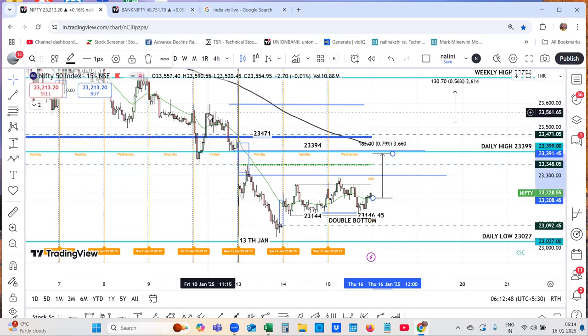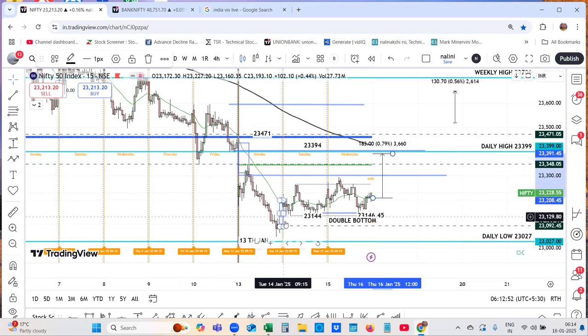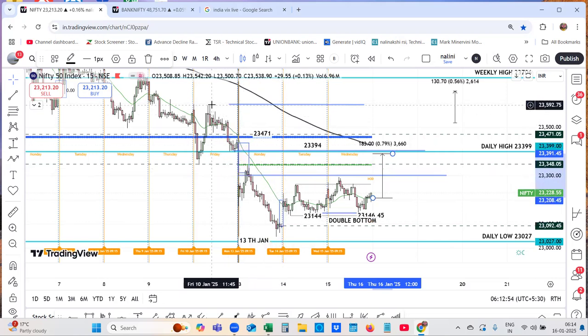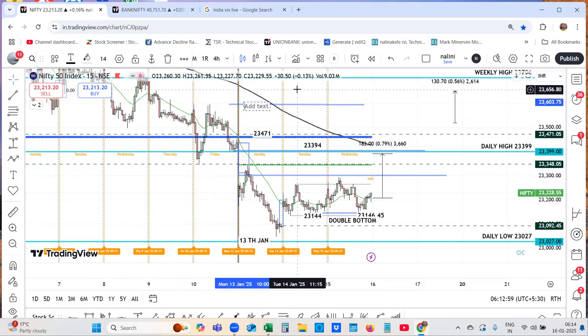Here, if I see the trend structure, this trend structure has started from this point, that is 23,592, and 23,471 was a dent here.